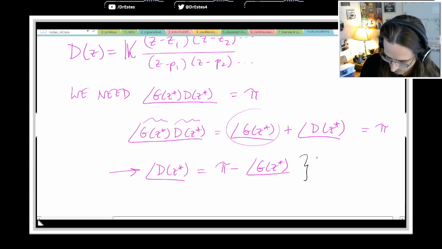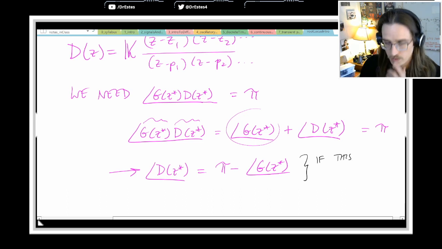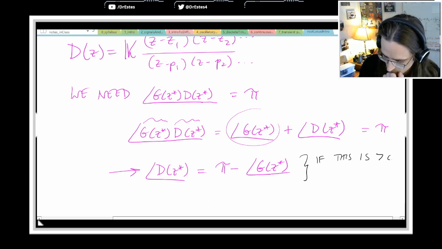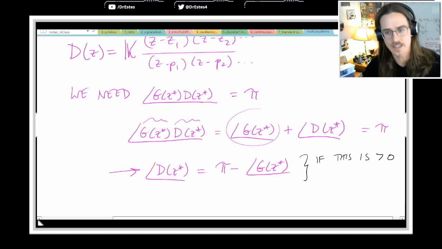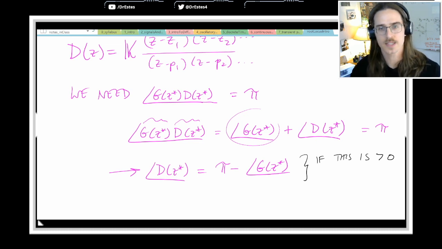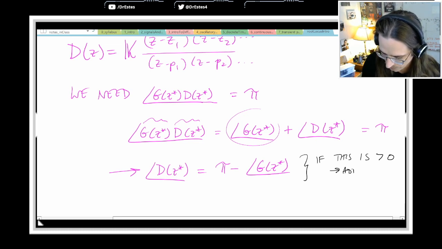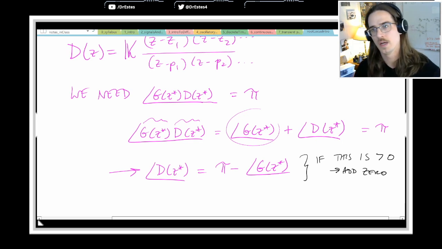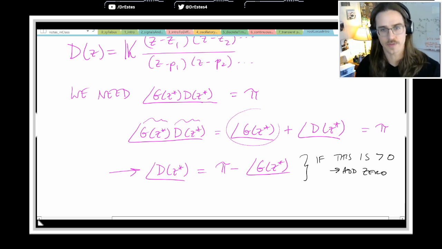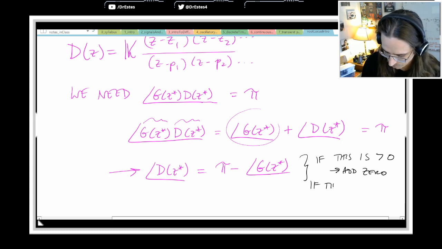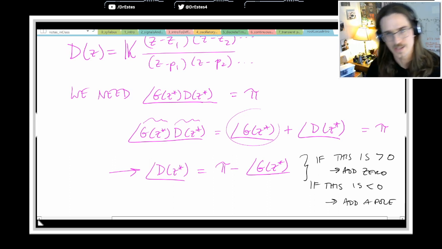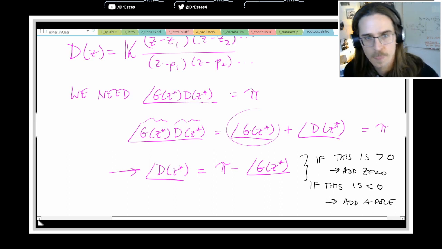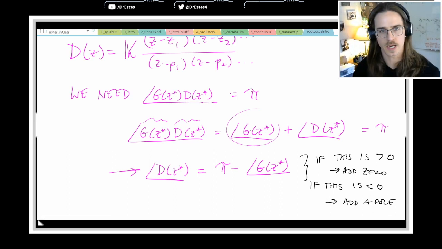If this number is positive, so if D of z needs to contribute a positive phase angle, we're going to add a zero to the controller, because remember, having a zero in your controller adds phase. If this is less than 0, we're going to add a pole, because having a pole in your controller decreases the phase. So this is helping us decide the form of our controller.